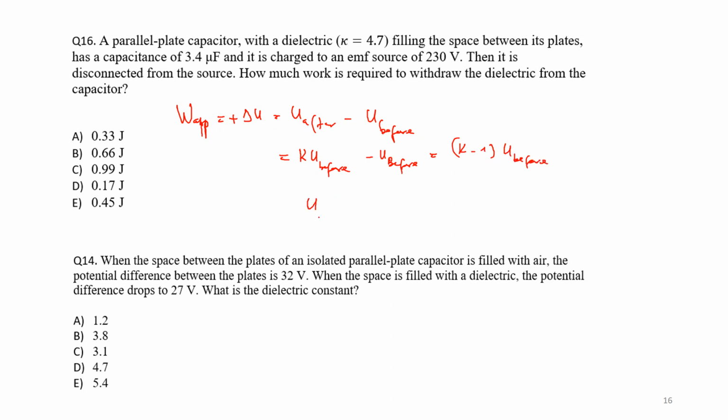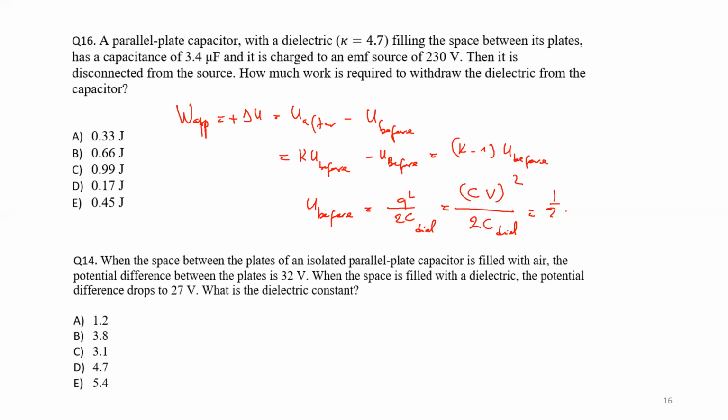But what was U before? It's Q squared divided by 2C dielectric. Q, what is Q? Well, Q is CV. So I know C, I know V, squared, and then I divide by 2 times C dielectric.